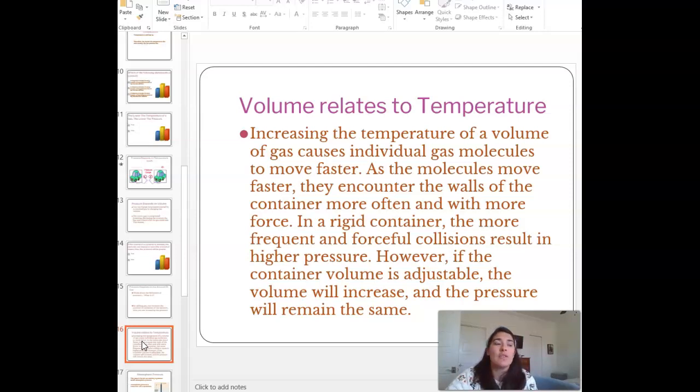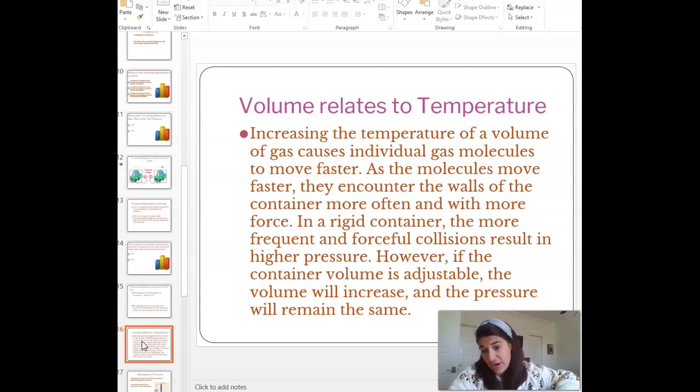If you're talking about something that's rigid, something that's hard, then the volume doesn't change, but pressure will go up. Whereas if you have something that is soft, that is malleable, think about a balloon, for example, a sample of gas can get hotter. It's going to make the balloon inflate and get bigger, because the gas molecules have more energy, more collisions, so they're literally pushing the container out.